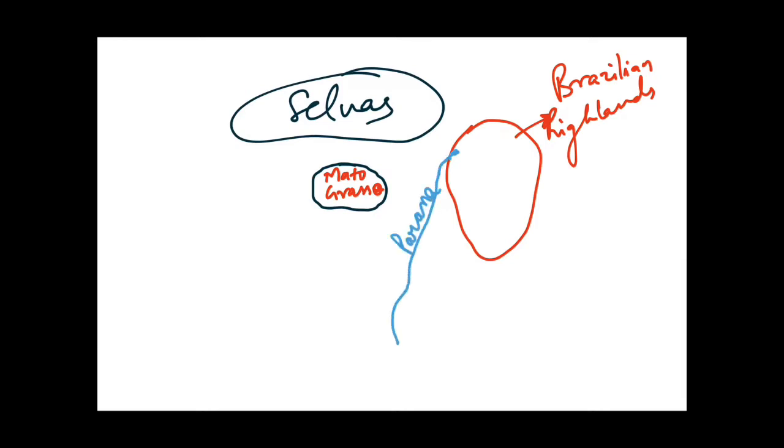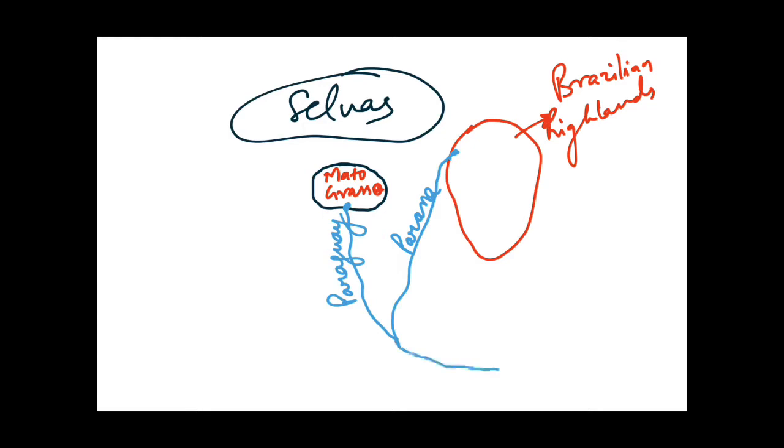This Paraná River passes through 3 countries, that is Brazil, Paraguay and Argentina. And also here you can see the Mato Grosso Plateau, and from here originates a river, that is the Paraguay River. So don't confuse the Paraguay and Paraná rivers. These 2 rivers are different. Paraguay originates from the Mato Grosso Plateau and the Paraná River originates from the Brazilian Highlands.